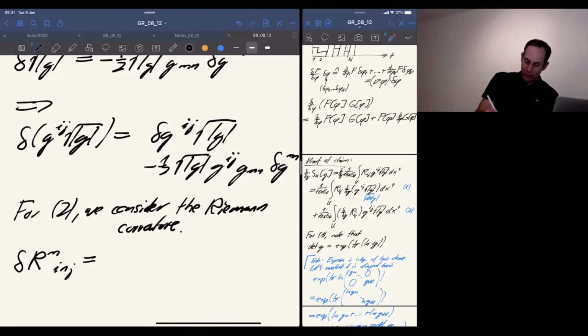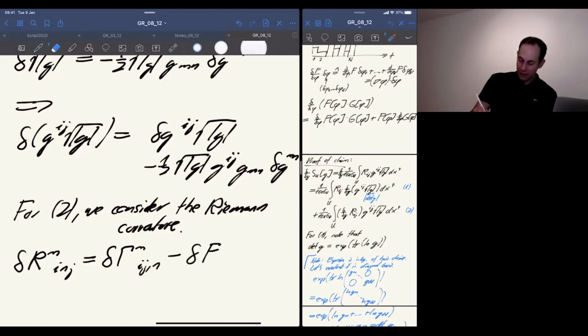Namely, it's the following. Remember, the Riemann curvature can be expressed in terms of the gamma symbols, so I'll just write down this expression here. Of course I put the delta everywhere. The delta is just the variation, and if I have a sum of terms, I can just take the delta inside of the sum.